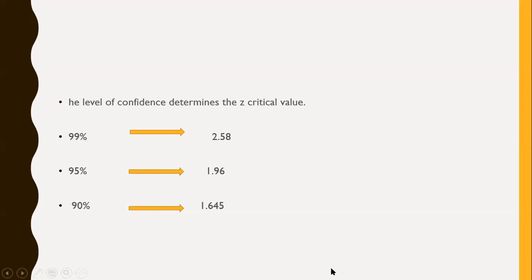Normally, in our lectures, we use 99 or 95%. More clearly, if you use 95%, your significance value we take as 5%, 0.05. Okay. Thanks.